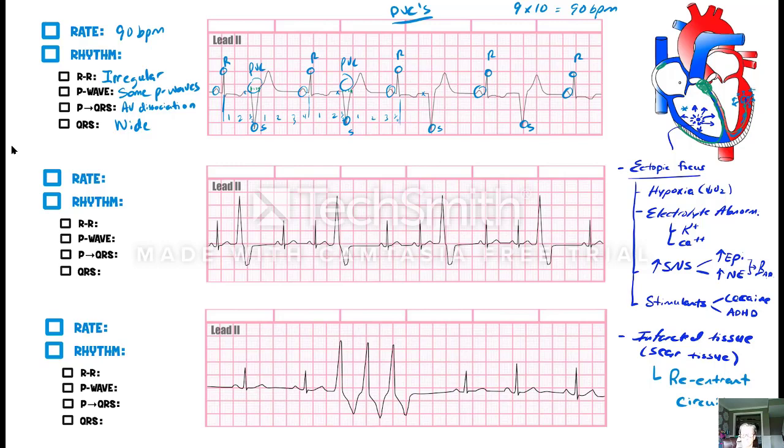If they don't go through the normal conduction system, in other words, SA node to AV node to the bundle of His, I want to put BH there, to the bundle branches, to your Purkinjes, then it's not going to have that normal narrow QRS complex. So if it's coming from some other site, this ventricular focus or this reentrant circuit, it's going to generate these wide and abnormally appearing QRS complexes. Okay? So remember that this is an abnormal QRS complex that's wide, because it's not coming from this normal conduction system.